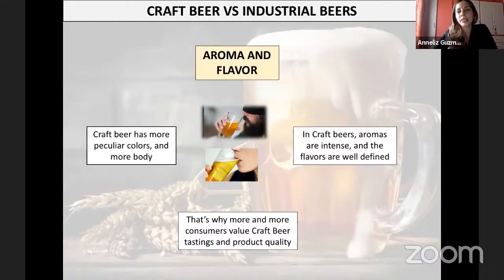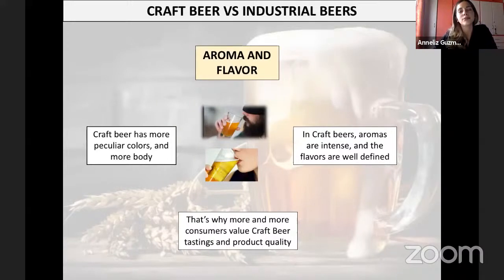This is really important because industrial beer, people usually drink for refreshment, but you don't have intense aromas and flavors, and it can be like water with some flavors, but not high flavors. And craft beers are really intense.